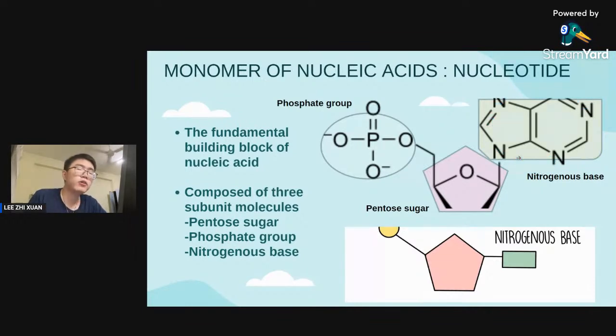As you know, we have five types of nitrogenous base: adenine, thymine, cytosine, guanine, and uracil. These differentiate the types of nucleotide, so we have 5 types of nucleotide. And then there is the phosphate group, which is almost the same. All of the nucleotides have this phosphate group, pentose sugar, and nitrogenous base.